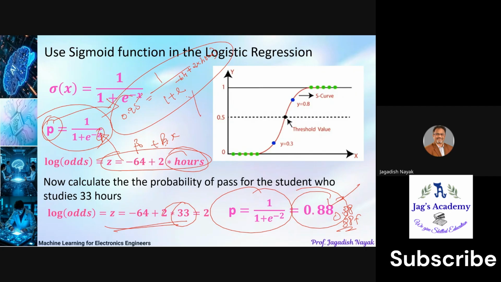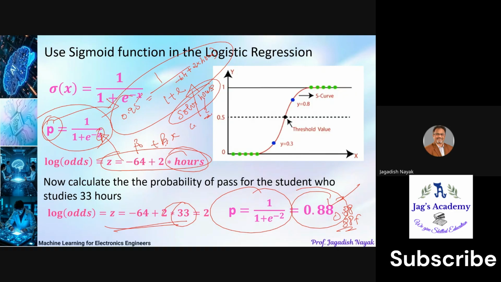Now in this equation, solve for hours. That will tell you, to get a 95% passing probability, how many hours he has to study.